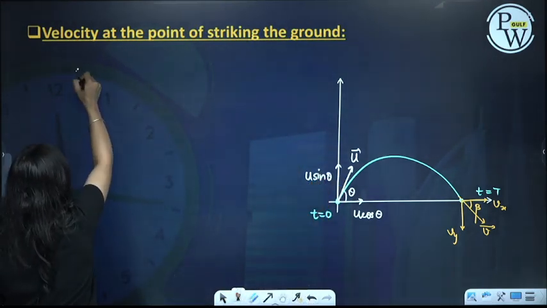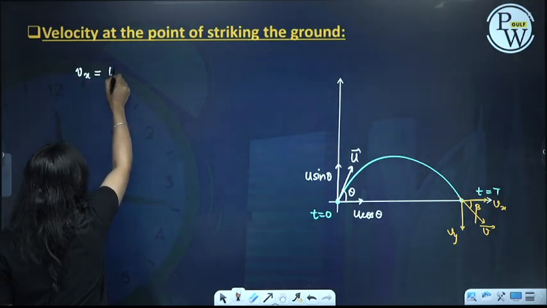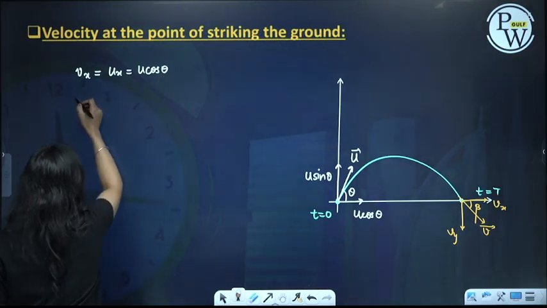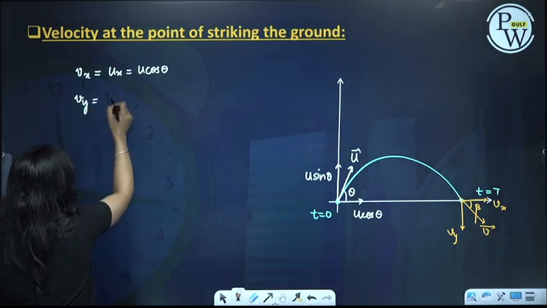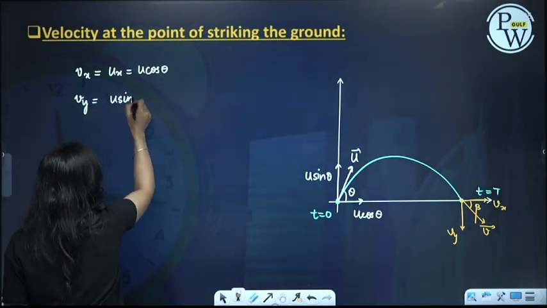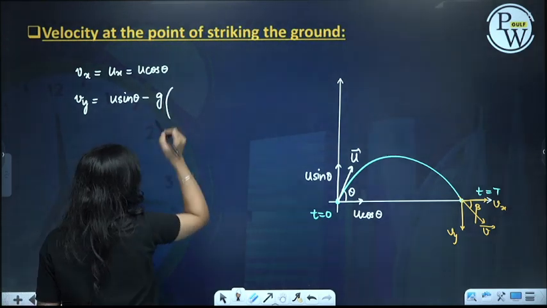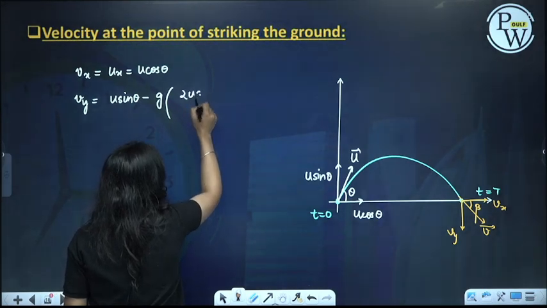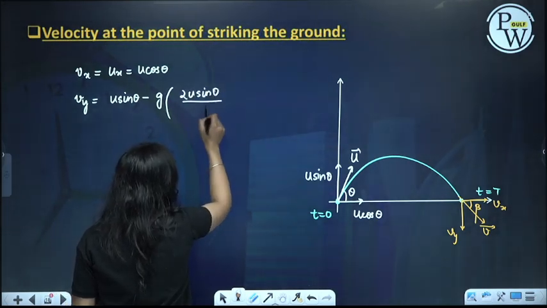So the velocity in this direction will be u cos theta and in this direction will be u sine theta. Now Vx will always be equal to ux, which is always equal to u cos theta, and Vy is equal to u sine theta minus g into t. Now the time at the final point is the time of flight, 2u sine theta by g.